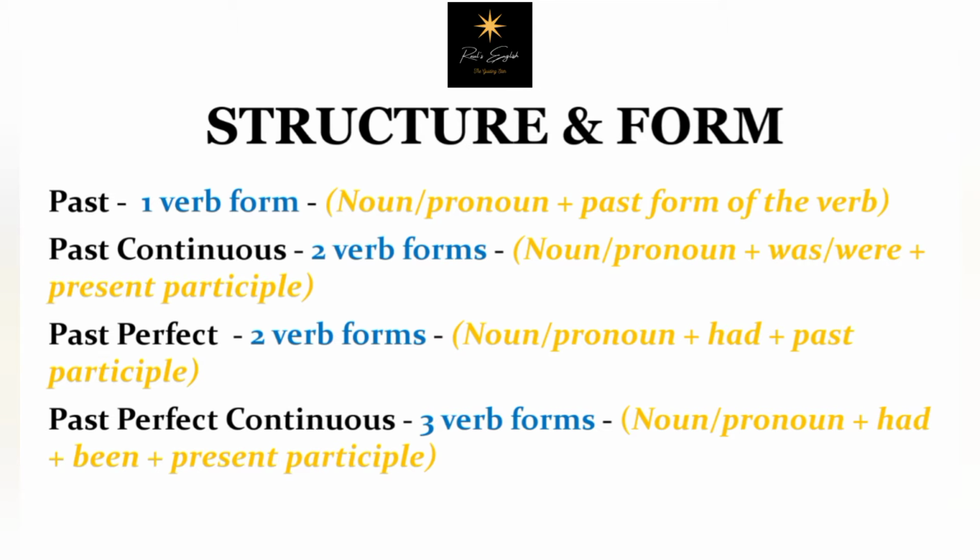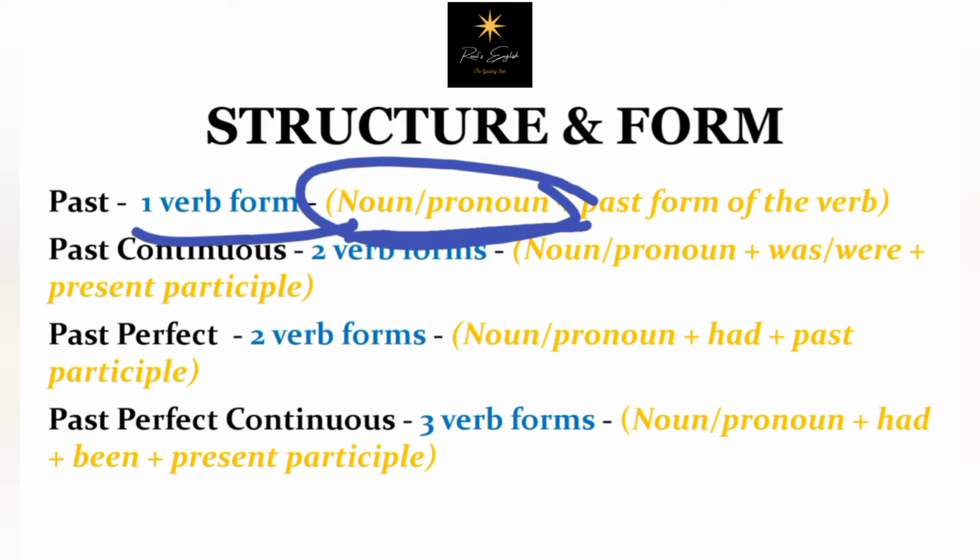So the structure and form of past tense goes as follows. Past simple has one verb form. How do you do it? You put the noun or the pronoun or the subject. I will not put subject now because that is more confusing. You need to have much more knowledge about grammar to understand what subject actually means.